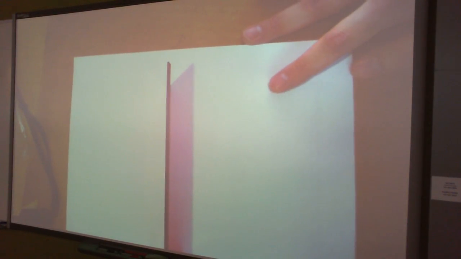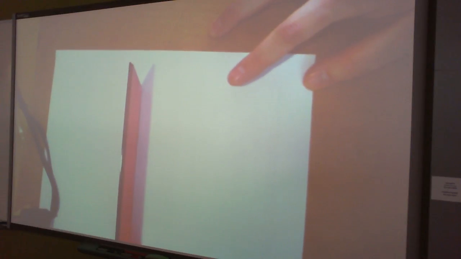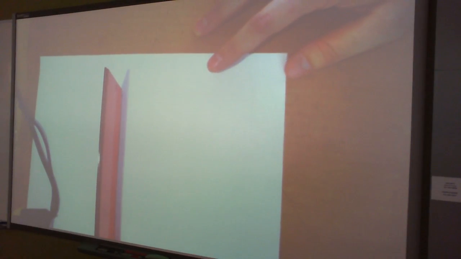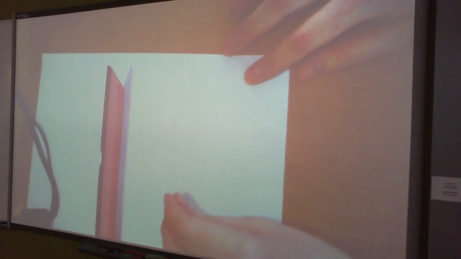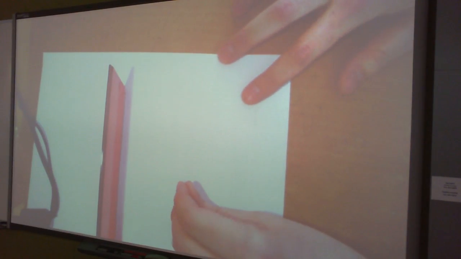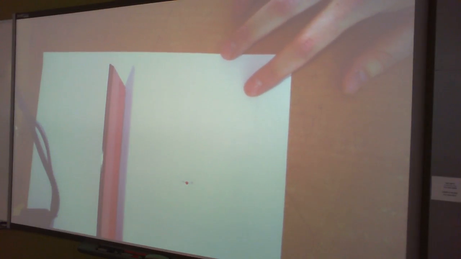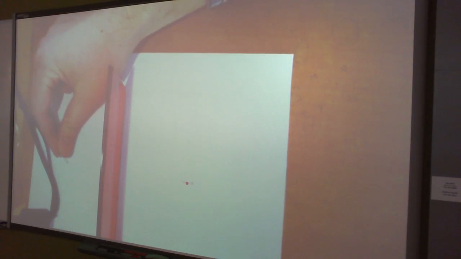All right, so I have my mirror set up. And again, I'm using the plastic one because I can see through it and I can see its reflection. So I'm going to put a pin out here in front and then draw, and then I'm going to look in the mirror. When you put the pin in front, can you see the reflection of the pin when you guys do it?